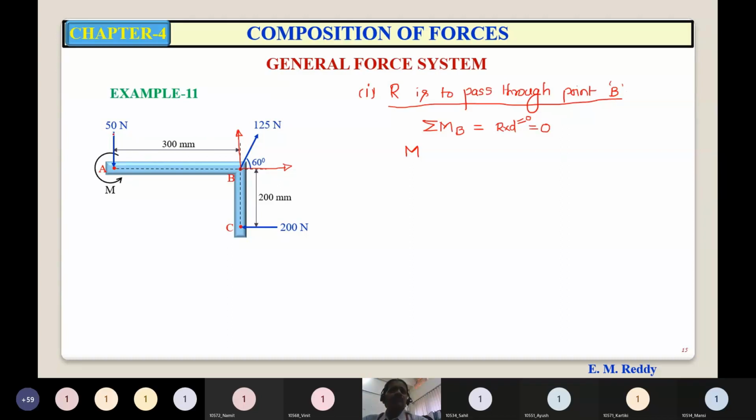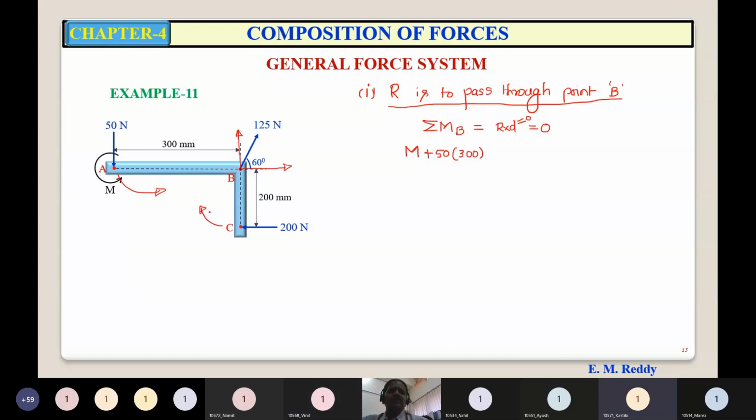Now what is the moment of this 50 Newton, which is acting downwards, about point B? Sense is anti-clockwise. So it is plus 50 into 300. What is the moment of 125 about B? 0. Moment of this horizontal 200 about B?